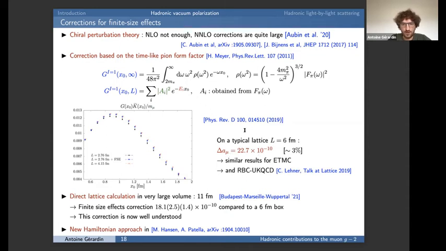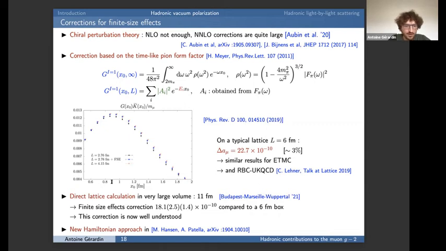And then by using this, for the typical lattice, we indeed obtain something of the order of 30 in these units of 10 to the minus 10, which is about 3% of the total contribution. So here is a result obtained by the Mainz group, but similar results have been obtained by different collaborations.